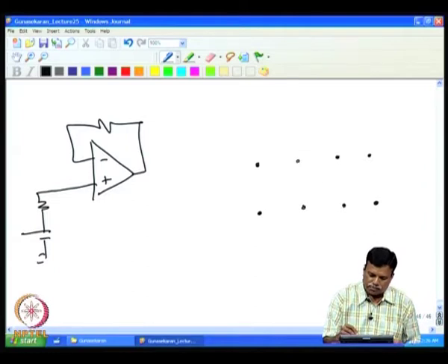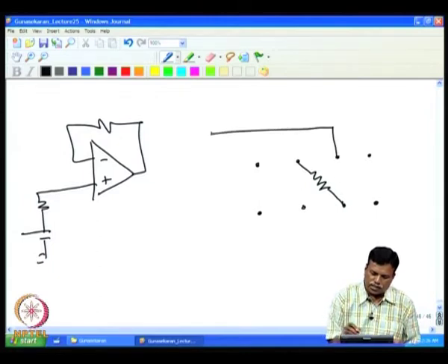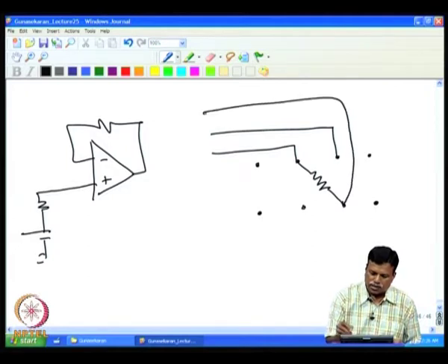The distance between these two is only 7.5 mm. Even if I manage to put this resistance between 2 and 6, then 6 is to be connected here, and I will be using the guarding technique between these two. This is connected to minus 15 volt, and this is connected to plus 15 volt.